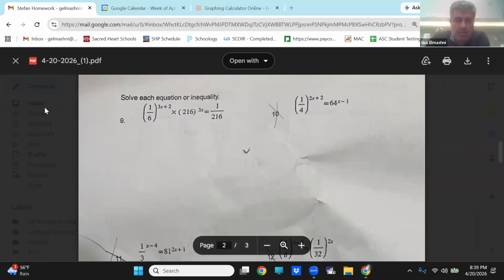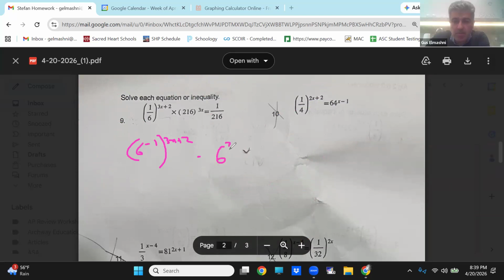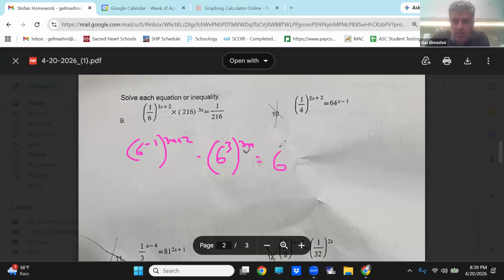Okay, so here you kind of want to find a common base. Like if I have 1/6, I kind of suspect that I should change the 6 to a -1 power. And that's going to be 6 cubed, and that's 6 to the -3 power.